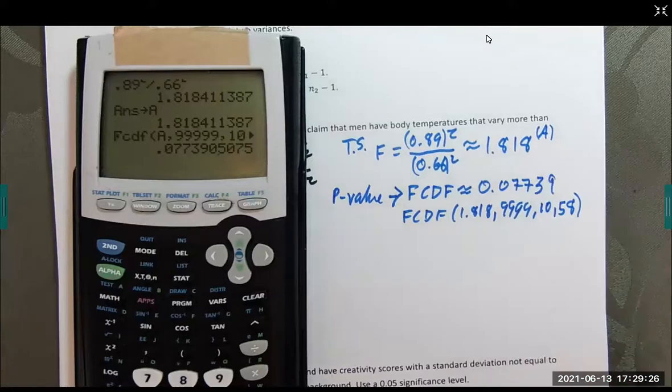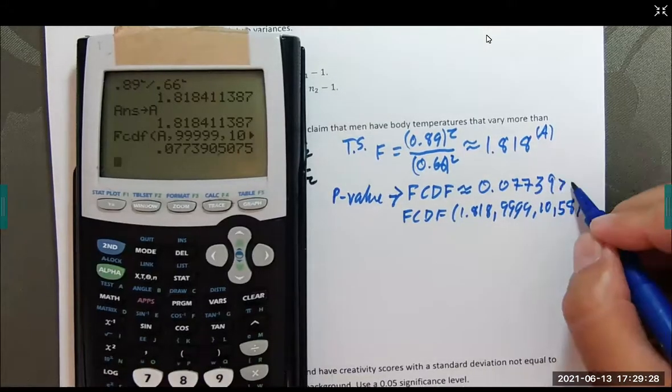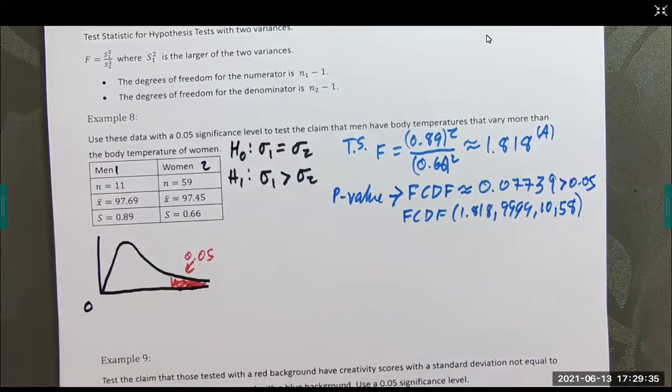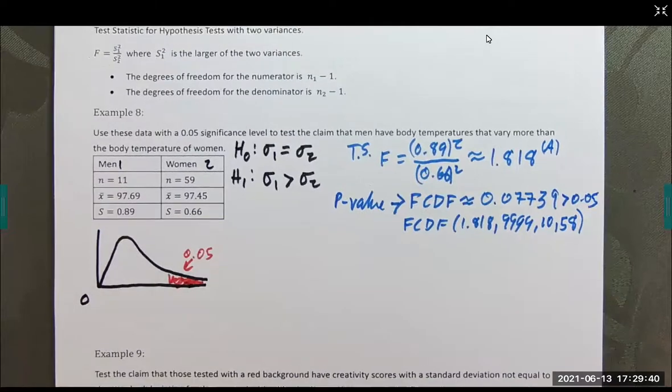The point is that is bigger than alpha. So if the p-value is bigger than alpha, then our conclusion is we're going to fail to reject.